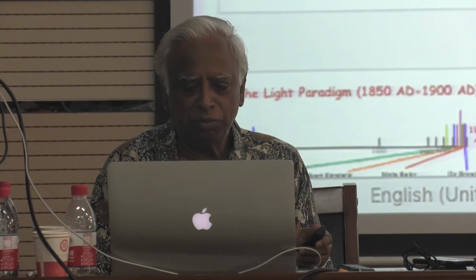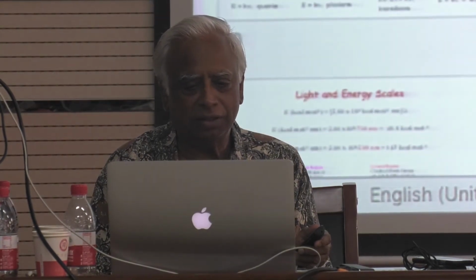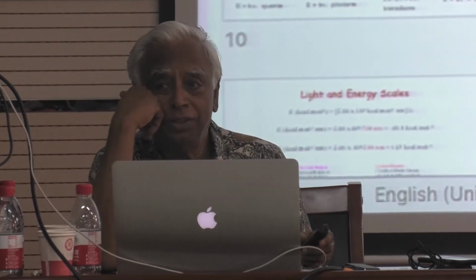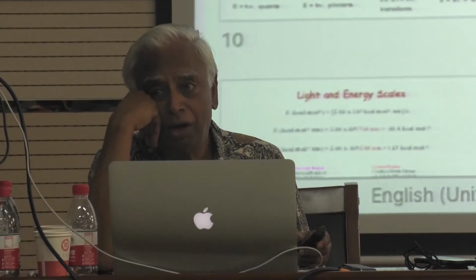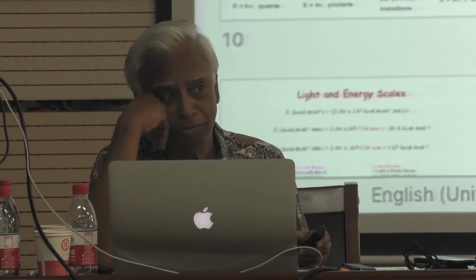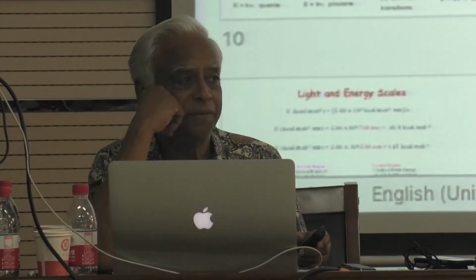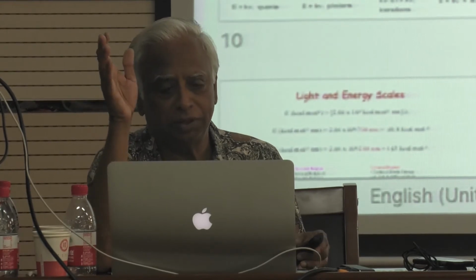Okay, tell me, the light that we talk about, is it a particle, or is it a wave, or is it both? Both. Okay, so we went through this one.